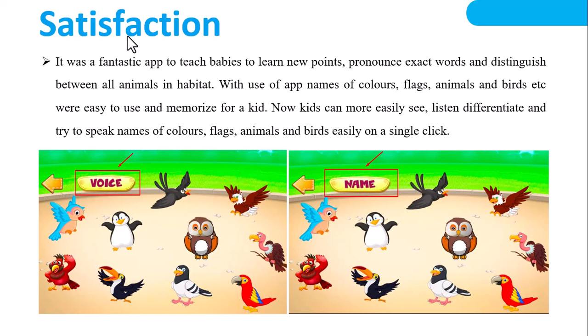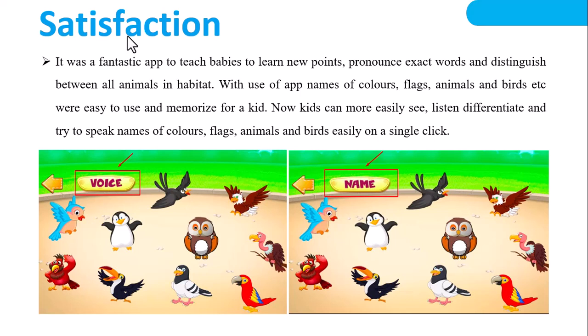Now we will discuss the satisfaction of this app, which is to teach babies to learn new points, pronounce exact words, and distinguish between all animals in different colors. With use of the app, names of colors, flags, animals, and birds were easy to use and memorize for kids.